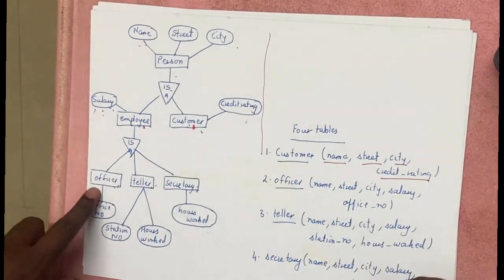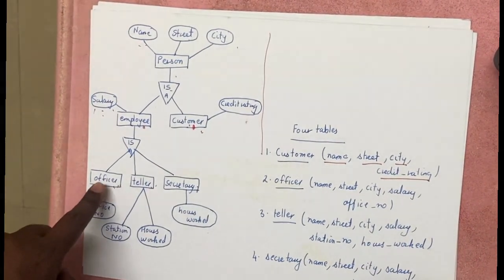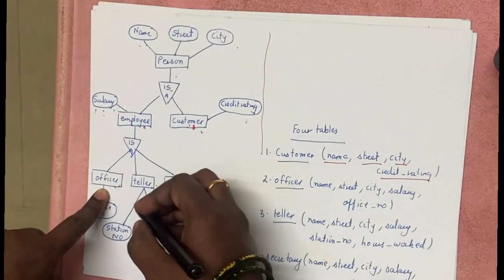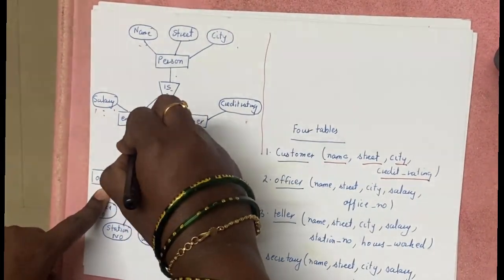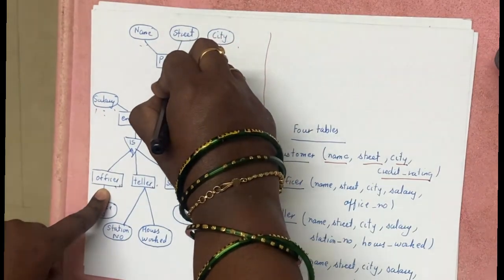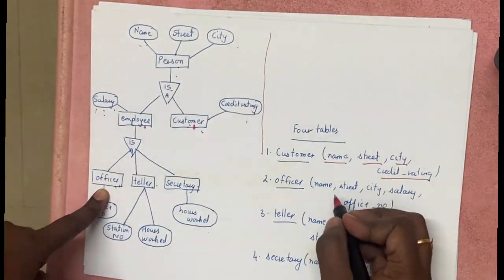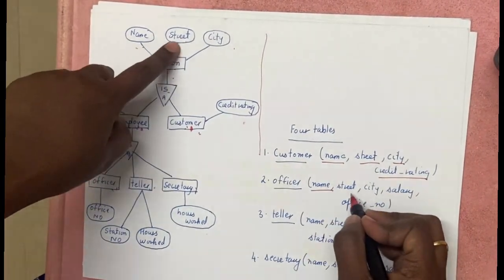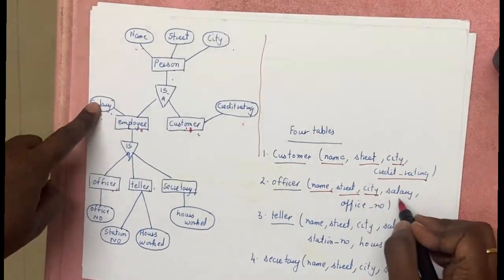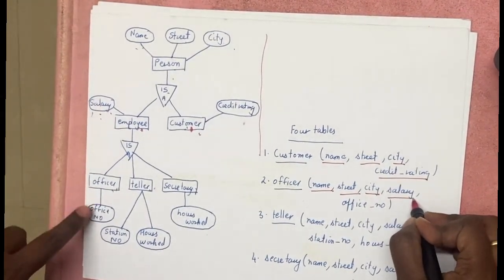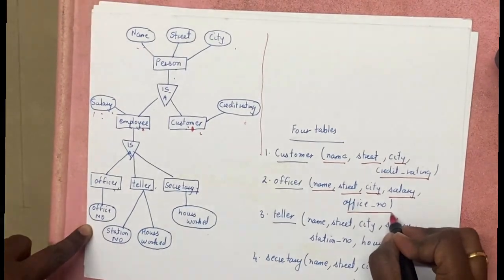Now we are going to see one level below, officer. Officer is going to inherit all the attributes of employee, and employee inherits all the attributes of a person. So an officer will have a name, street, city, and also the attribute of an employee, salary, and his own attribute, office number.